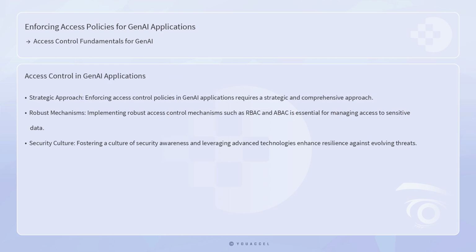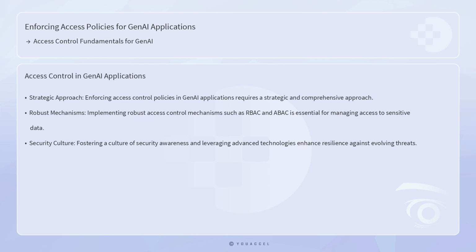In conclusion, enforcing access control policies in GenAI applications is a multifaceted endeavor that requires a strategic and comprehensive approach. By implementing robust access control mechanisms such as RBAC and ABAC, adhering to the principle of least privilege, and integrating ethical considerations, organizations can effectively manage access to sensitive data and resources within GenAI systems.